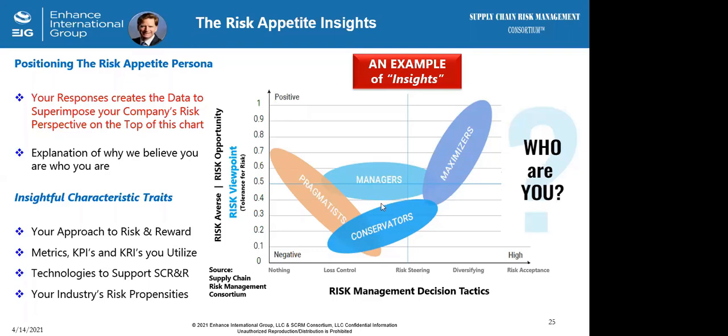Maybe that's an interesting discussion point: if you do have a jolt in your business and your demand, you might look to jump from where you're at today, or maybe they're managers and they jump to maximizer, and sometimes that doesn't always work out because you're entering a world of taking on risks that had not been taken before, as you try to move to the right on decision tactics. That's my take on it.